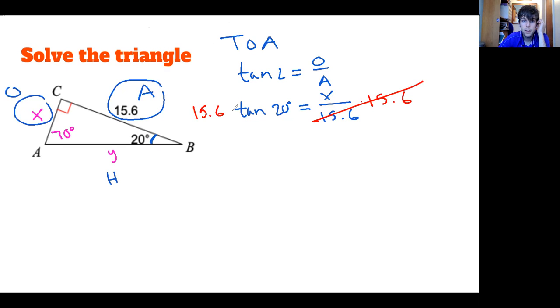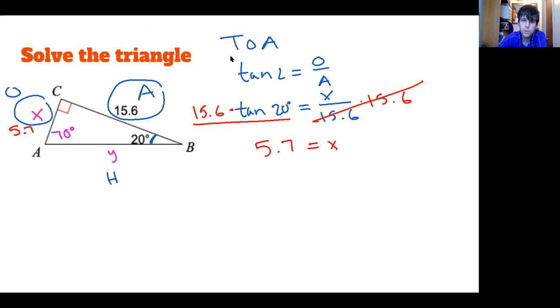And then we go to our calculator, figure out what this is. I'm just using my calculator on hand here. And so I'm getting, if I round to one decimal place, we'll call that 5.7. We round up, so 5.7. Okay, so now we know the side is 5.7.